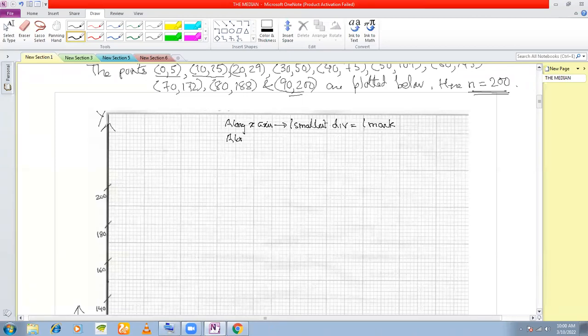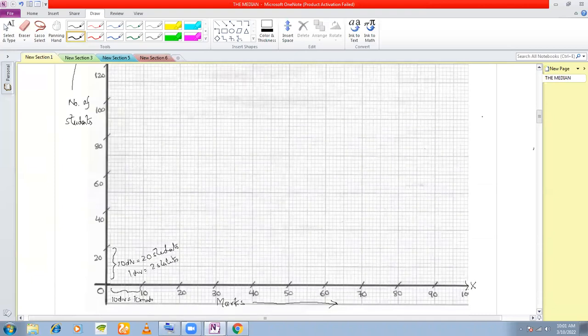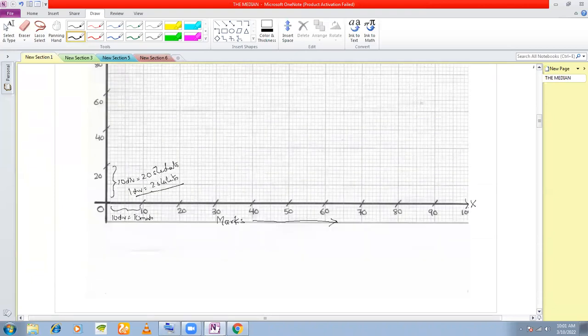Along y-axis, 1 smallest division is equal to 2 students, right? Because we had taken 10 divisions equal to 20 students. So therefore, along the y-axis, the scale is 1 division equal to 2 students, right? So we have decided on the scale in this way.